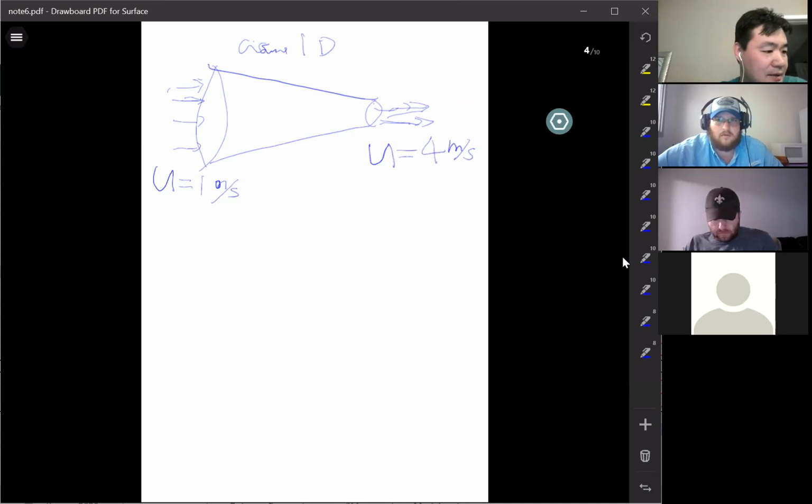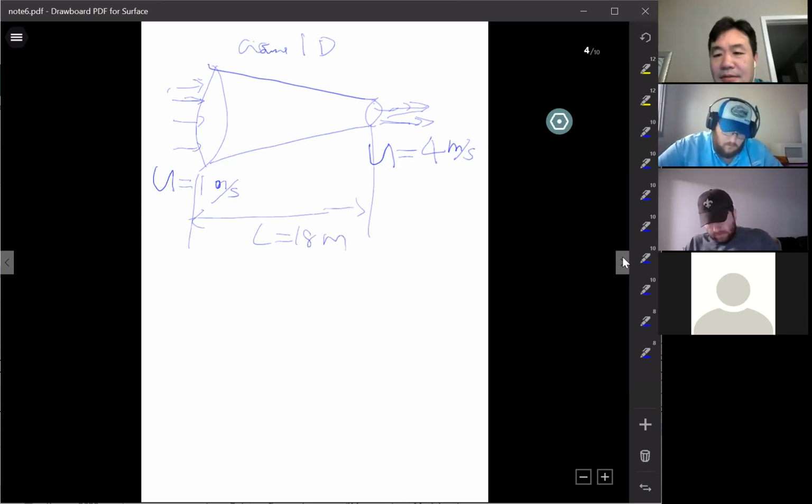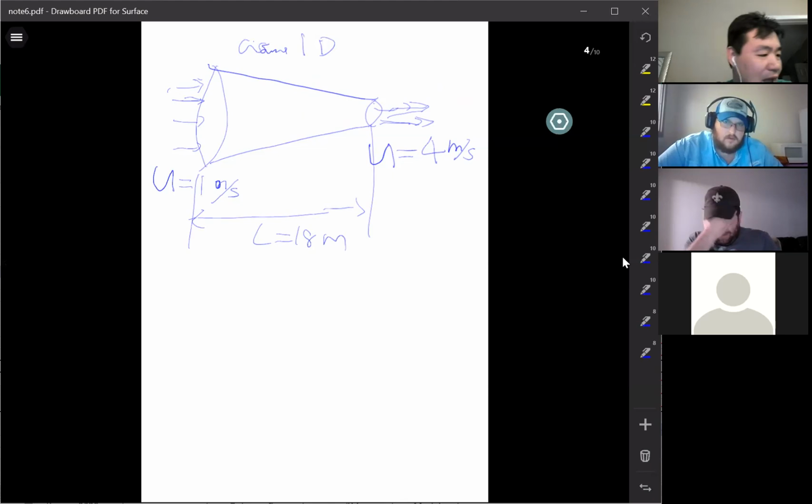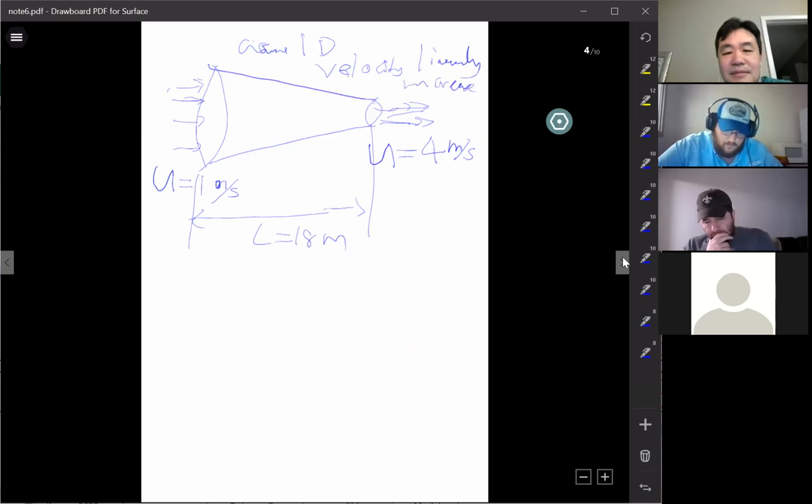Let's say the length of the nozzle is 18 meters. The velocity linearly changes. This is also an assumption we can make: linearly increasing. Probably you don't want to make an assumption like this in real life, but let me just tell you this velocity linearly increases.